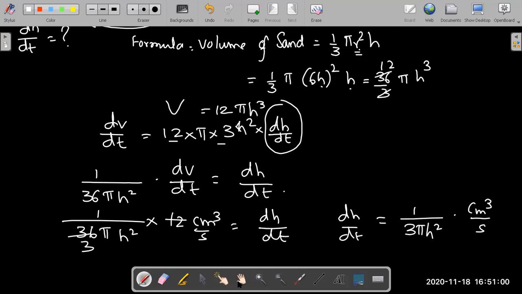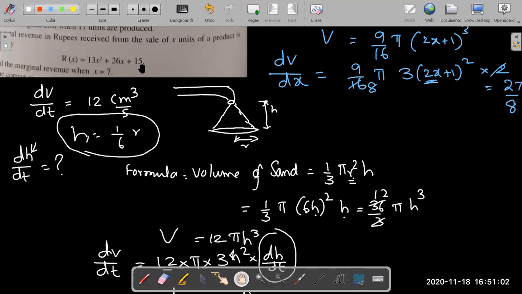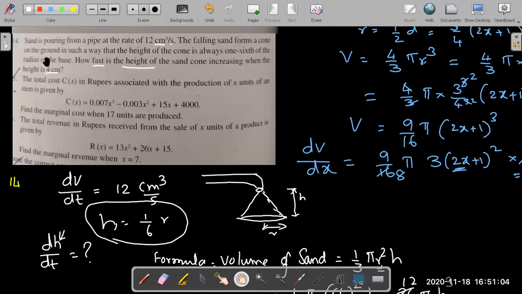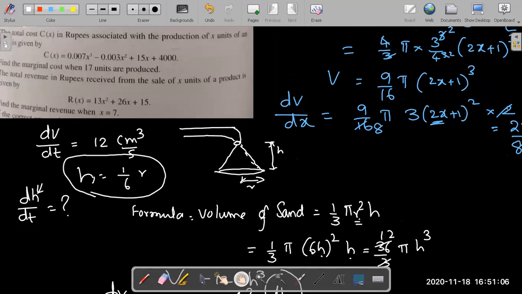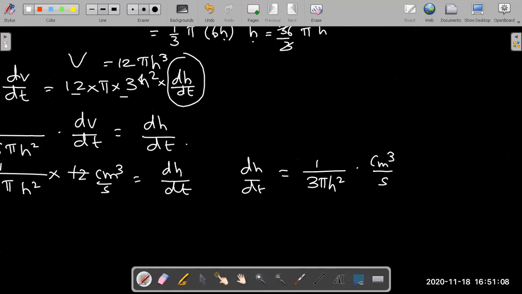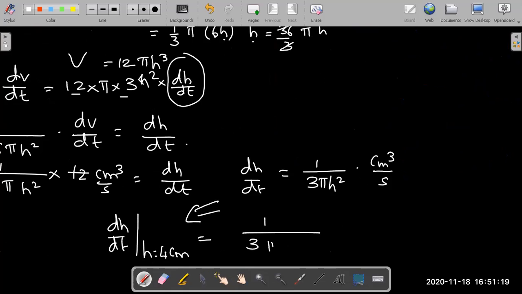It said h is given at h equal to 4 centimeters. So we need to substitute h equal to 4 here. Now dh by dt at h equal to 4 centimeters equals 1 by 3 pi 16 centimeter square, cm cube per second.